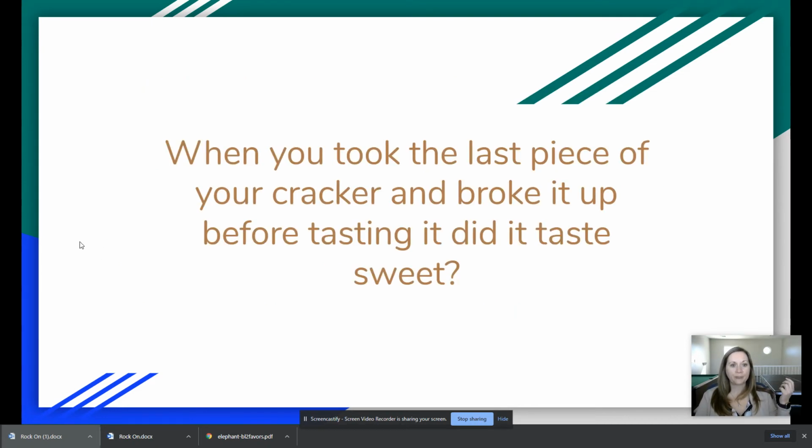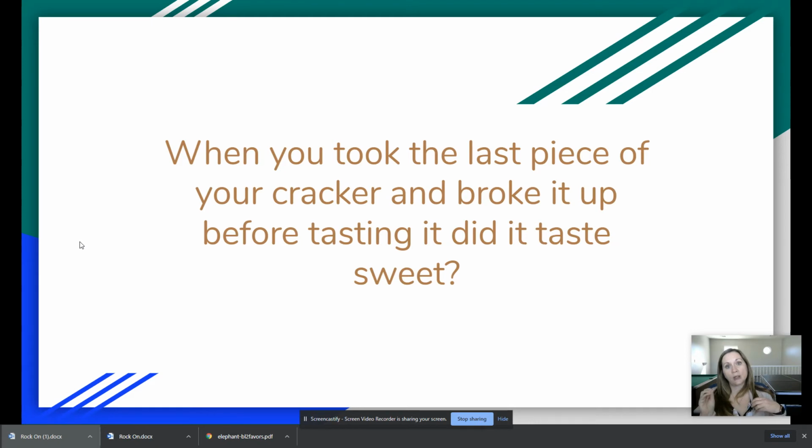okay? Now, when you did it the second time, when you smashed up the cracker and then you ate it, it should not have tasted sweet. It should have tasted salty still. Even though the cracker was broken down, it wasn't broken down by your saliva. So it was your saliva that actually caused the chemical breakdown in that cracker to make it taste sweet.